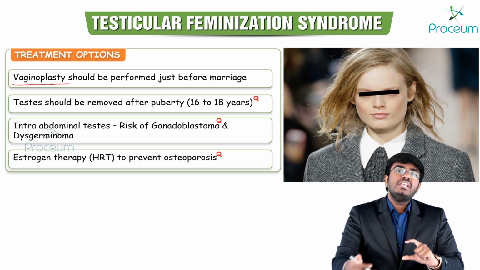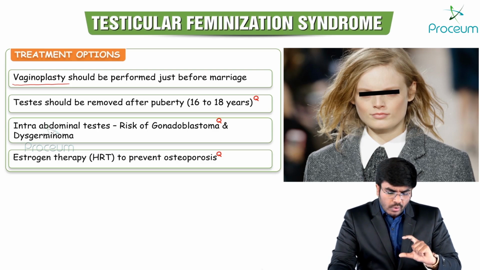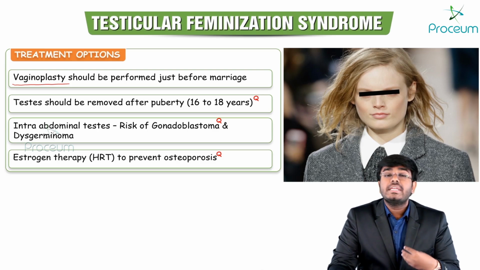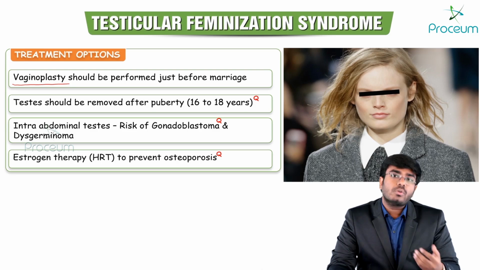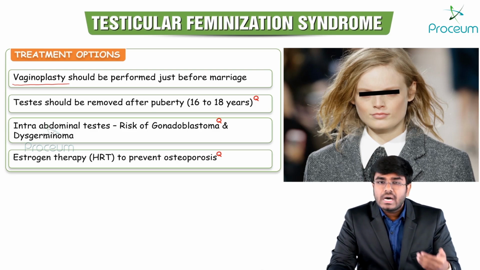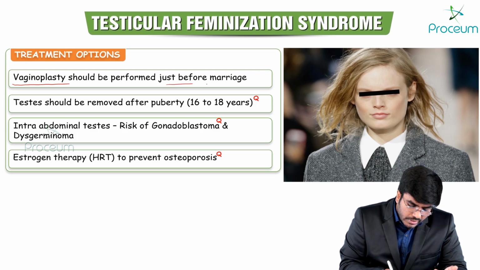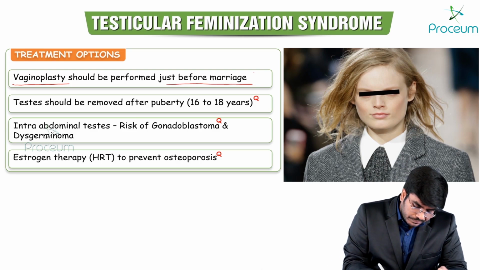So there is only a shallow blind pouch vagina, only a shallow dimpling. So with this shallow vagina, she cannot participate in intercourse. So what you can offer her is vaginoplasty. Okay. So just before marriage, you can do vaginoplasty. MCQ.